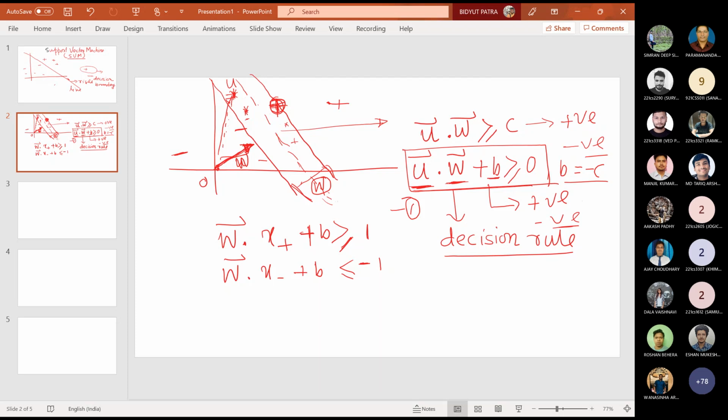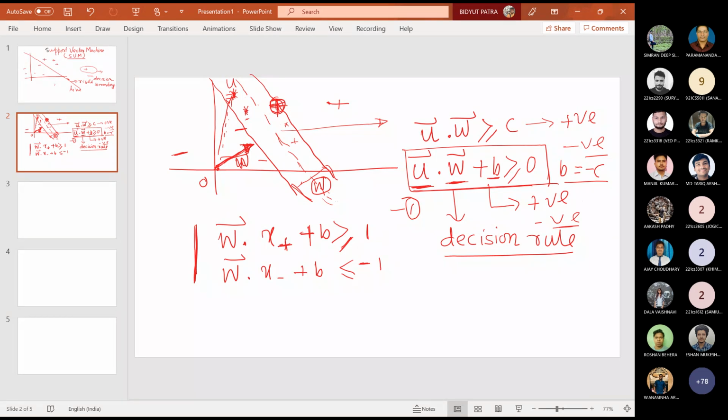Now we have two equations here, so we make these two equations into a single one. We want to find the w such that these two constraints must be satisfied. In order to do it, we multiply with the class level of each sample, that is x plus or x minus.